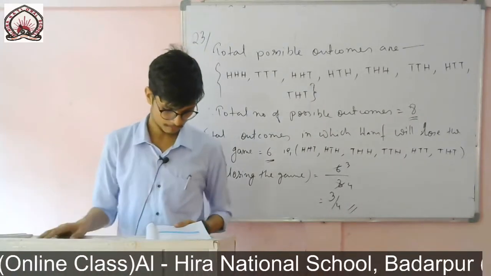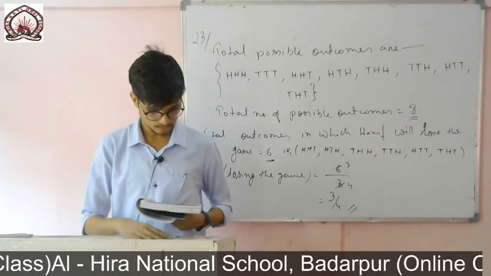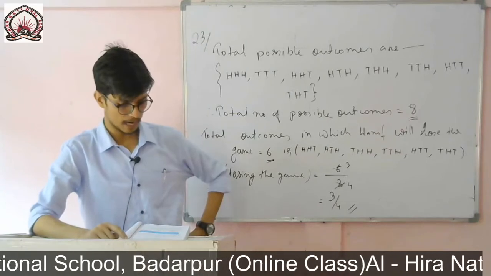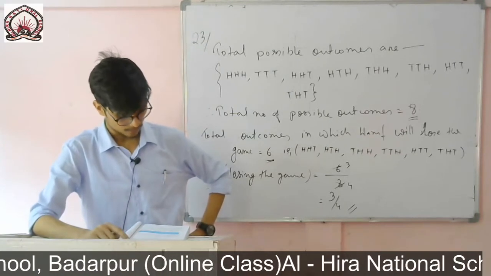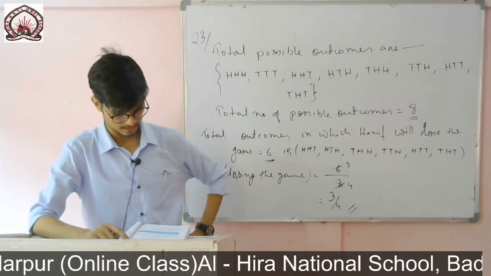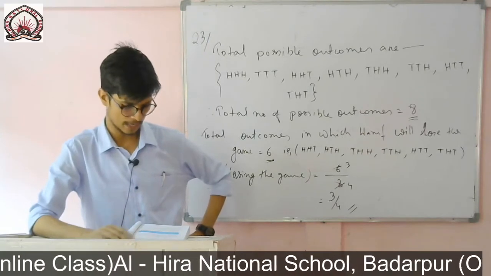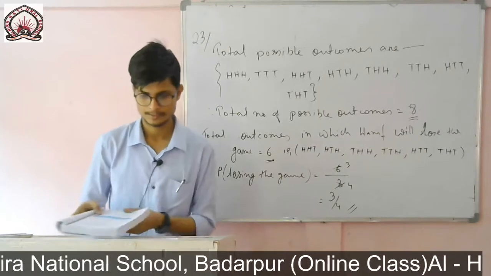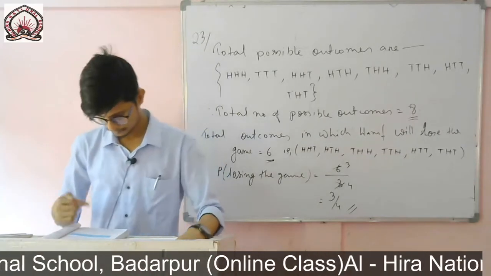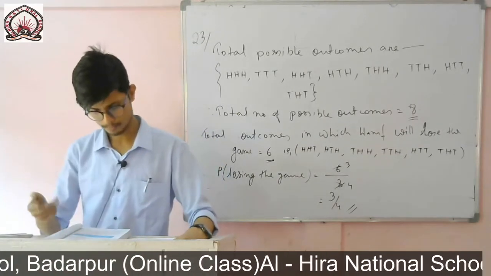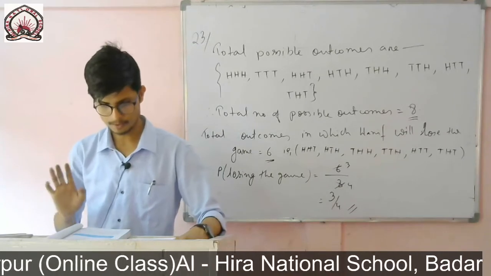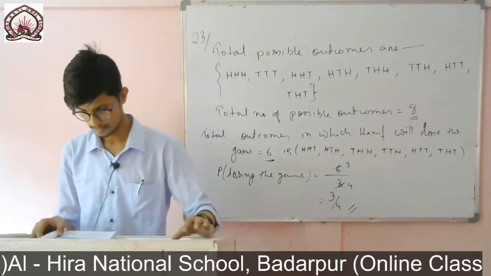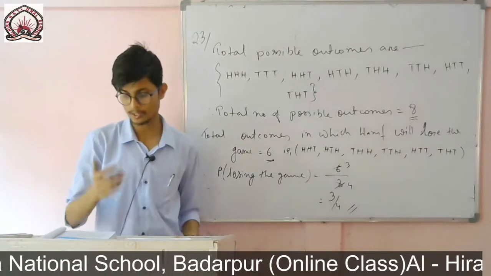Okay, now question number 24. A die is thrown twice. What is the probability that 5 will come up either time? 5 will not come at least once. So a die is thrown 2 times. The question is to find the probability that 5 will not come either time.